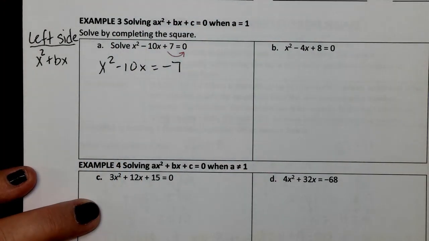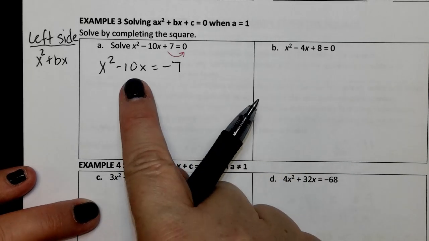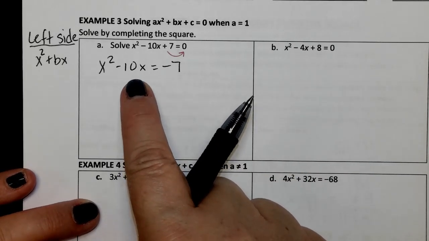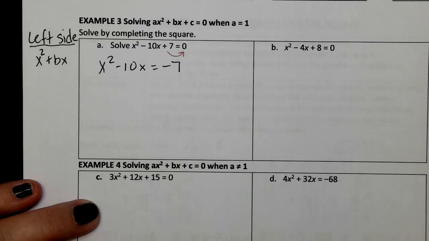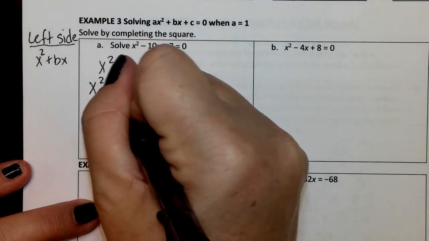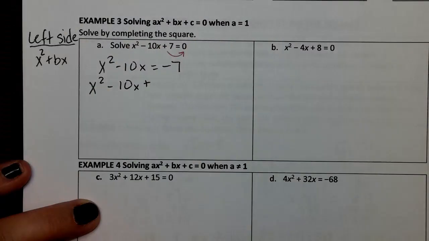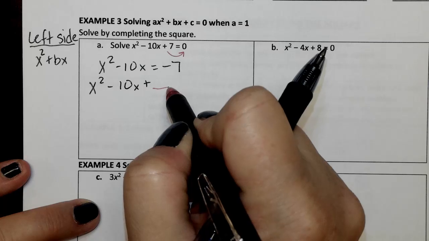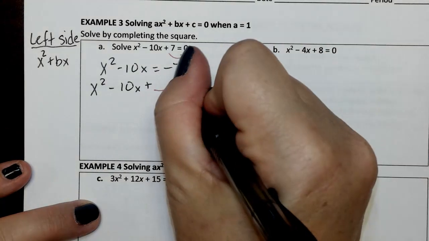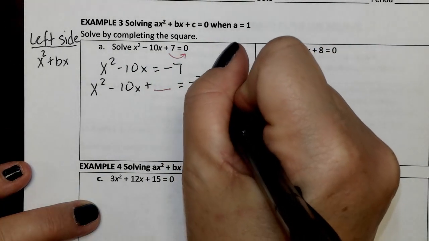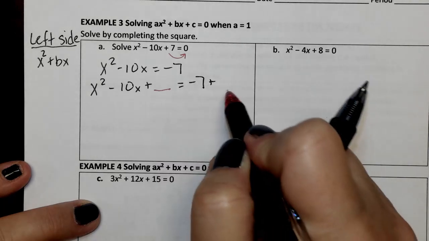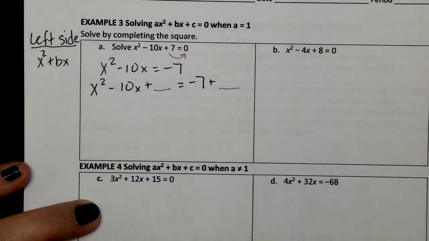Okay? So now we're going to do that completing the square part. All right, so we are going to rewrite this as x squared minus 10x, but we're going to have a value here. So because this is an equation, we can't make magic happen. So if we add something here, we also have to add it there. Why didn't we do that before? Because before we didn't have an equal sign.